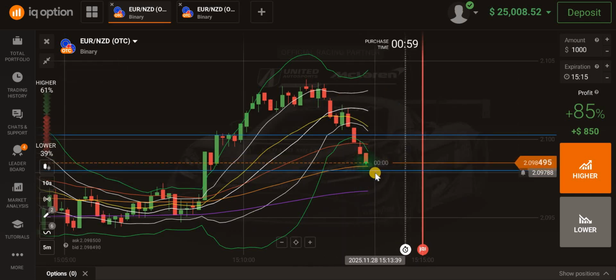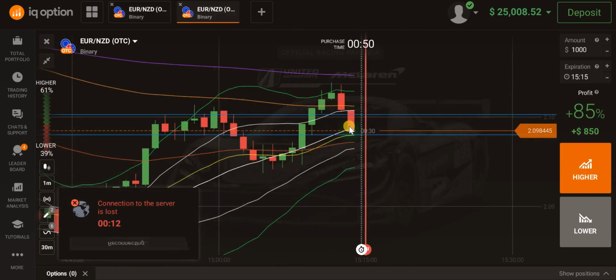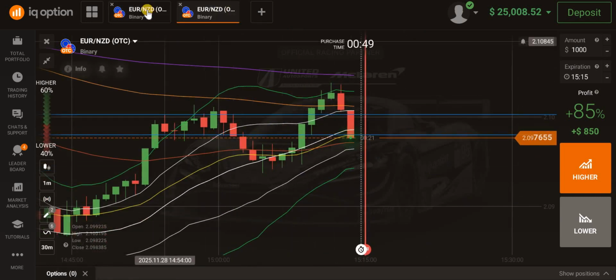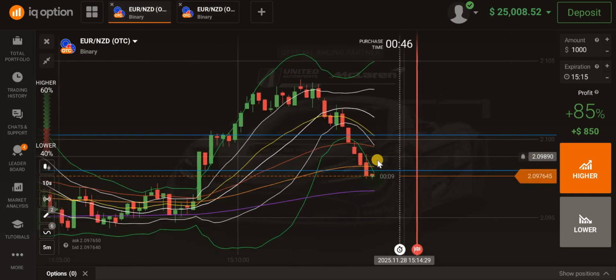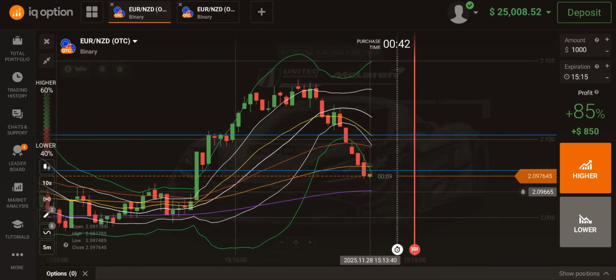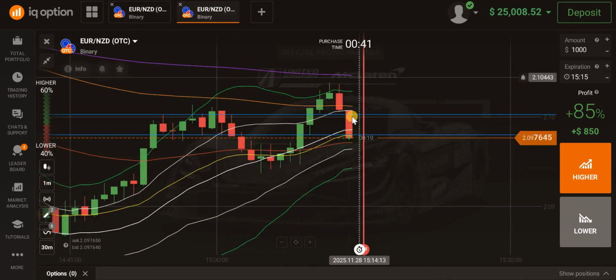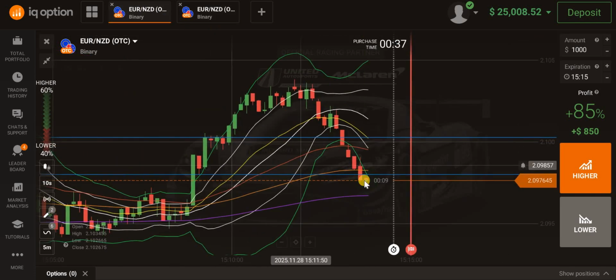So we are looking for the confirmation pattern from the lower time frame. We draw the demand zone from the higher time frame. We look for confirmation from the lower time frame. So we are not going down. We already know from the higher time frame that we want to go with the demand zone. So we are going up.